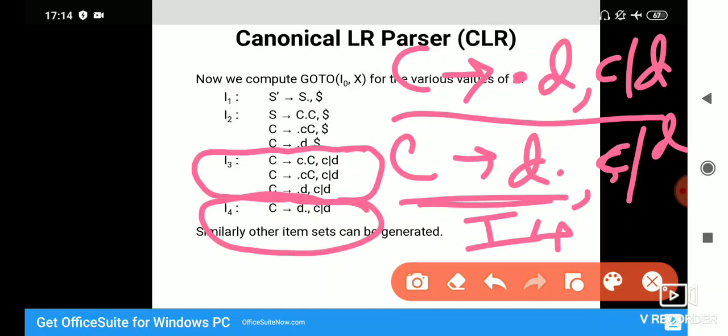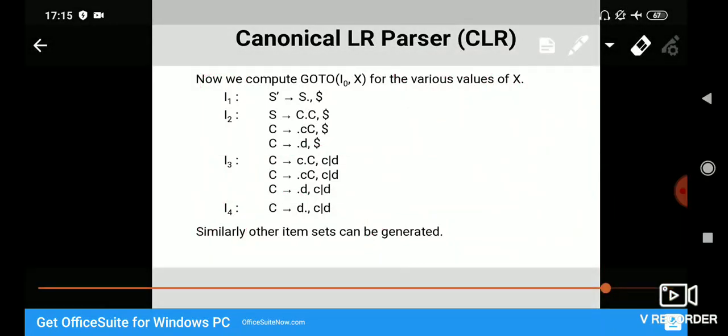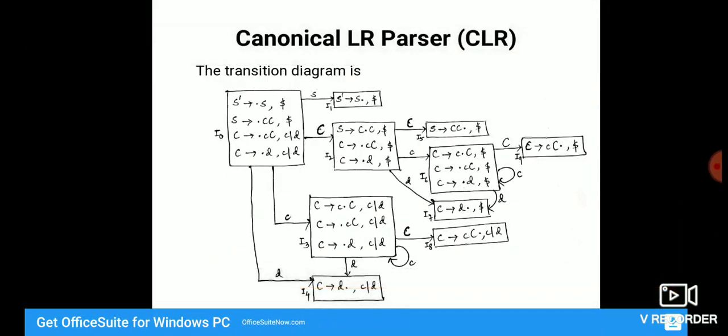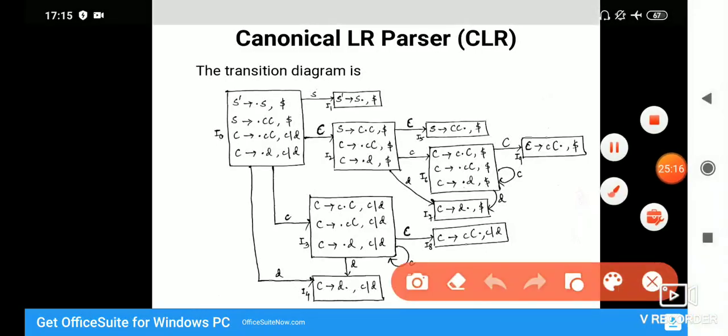Now all these 4 items are generated from I0. Similarly, items can be generated from I1, I2, I3 and I4 using the goTo function. This we can see in the next diagram, and it has been shown in the form of a transition diagram. Now just remember, from I0 we generated 4 new items.